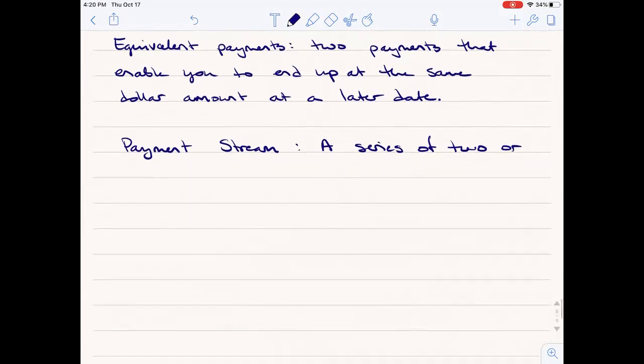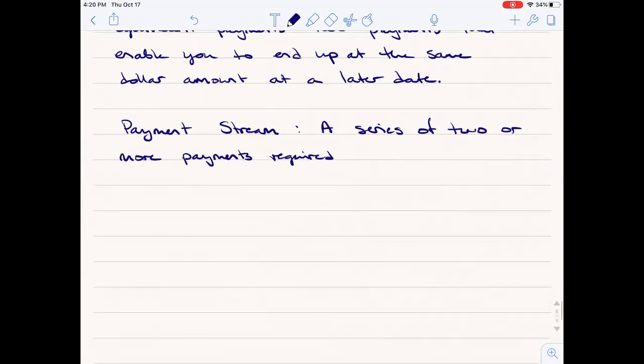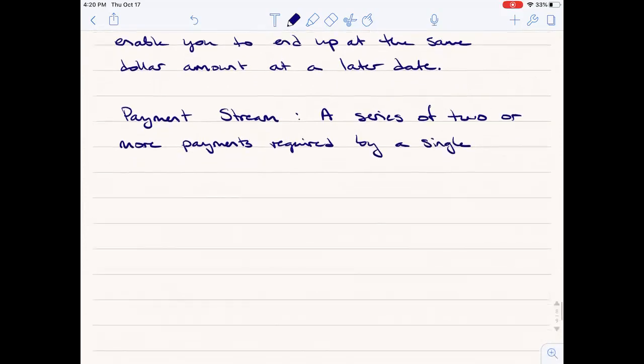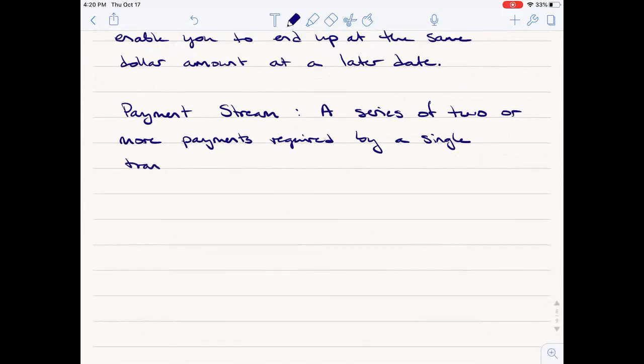So I'll write this out and we'll talk a little bit about it. Two or more payments required by a single transaction or contract.